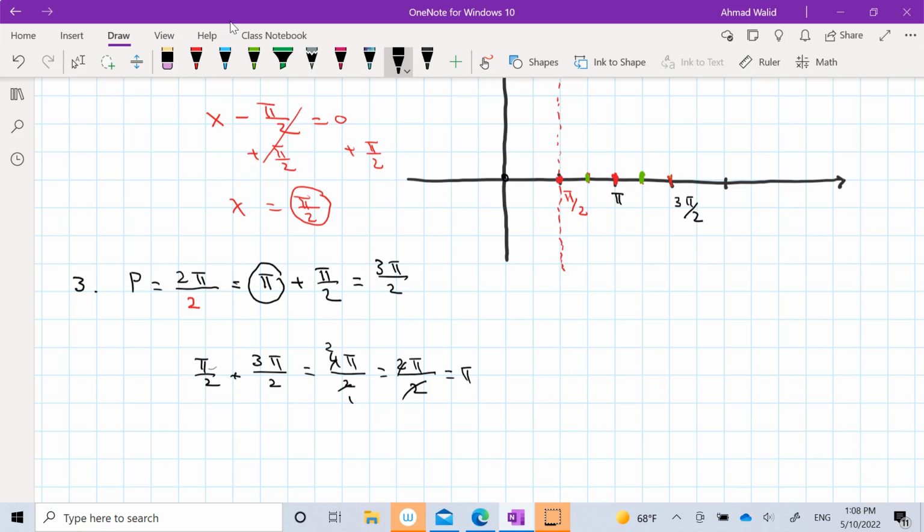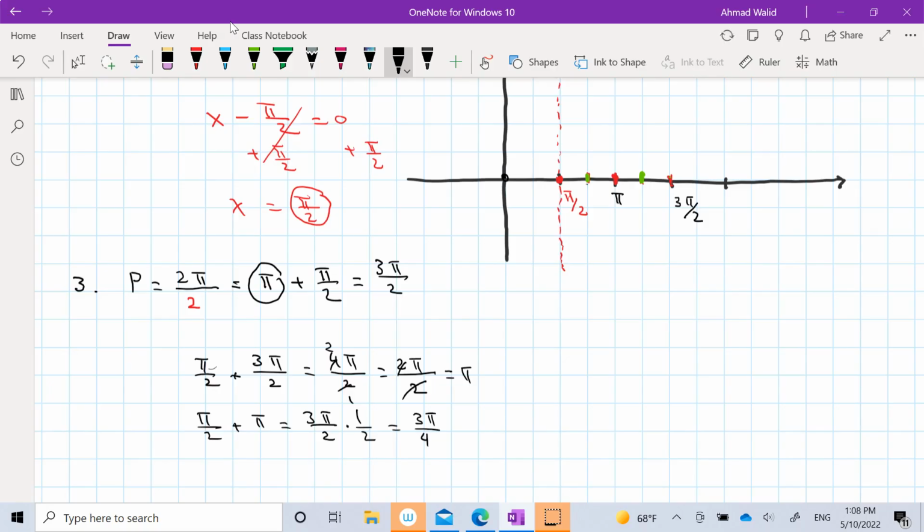Also, when you want to find the first quarter, average these two numbers, pi over 2, add it with pi, which gives you 3 pi over 2, and divide by 2, it means multiply it by 1/2, which gives you 3 pi over 4. Correct?